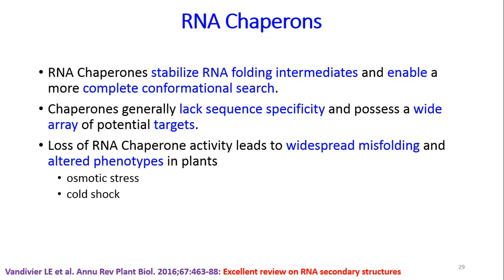Now if there is a loss of RNA chaperone activity in any cells, that is known to result in widespread misfolding and altered phenotypes in plants. For example, if RNA chaperone activity of some protein is lost, that results in osmotic stress and even cold shock. So it is an important function necessary to sustain life.